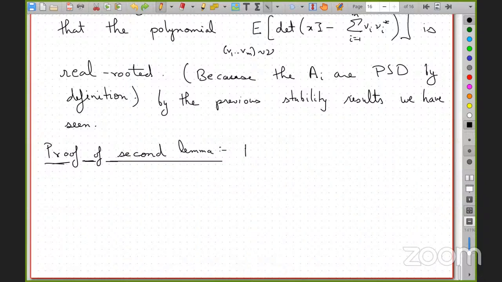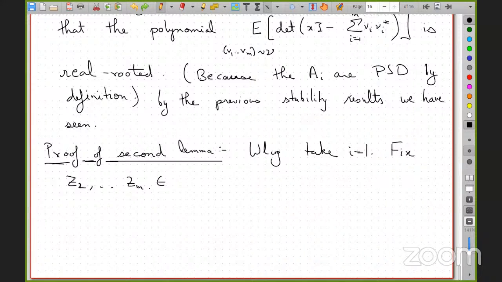Suppose f(z_1, ...). Without loss of generality, I'll take i equal to 1. Fix z_2 to z_m in the upper half plane.